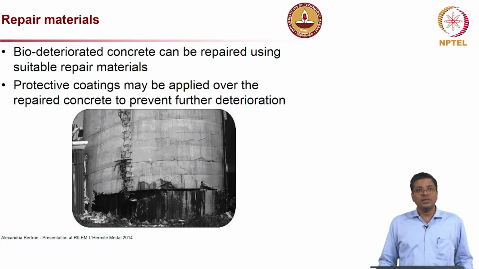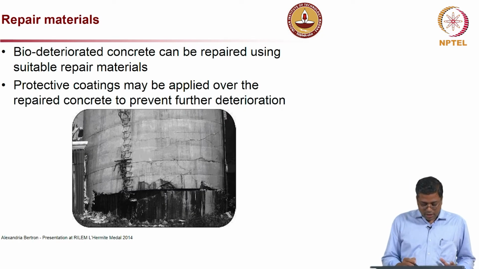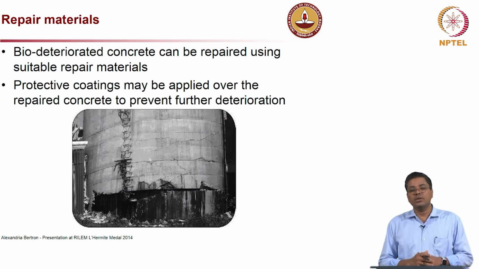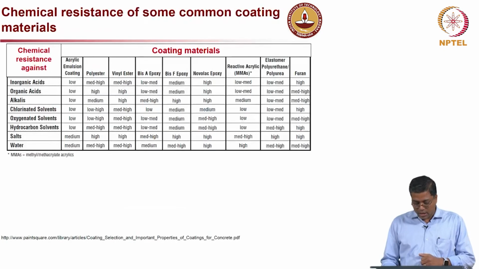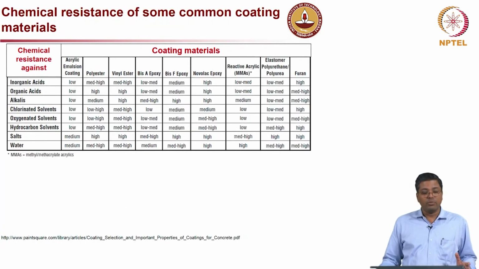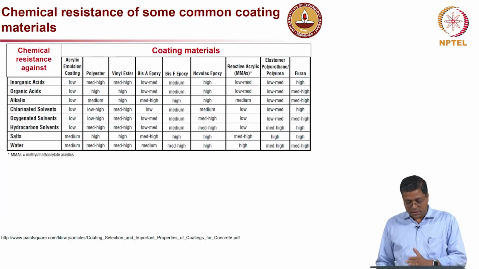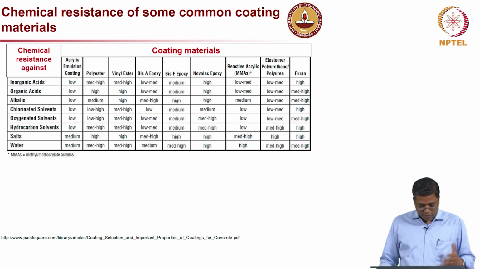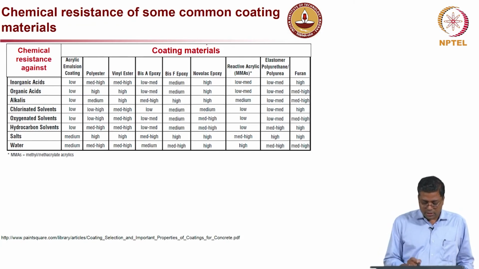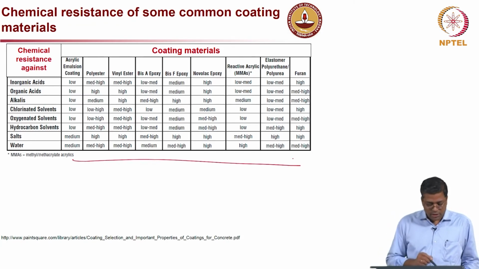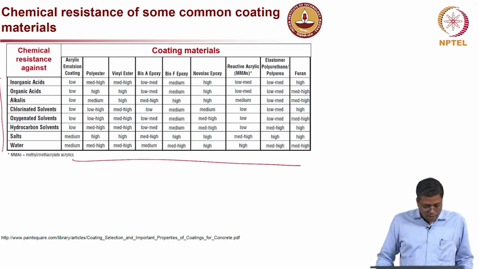And for repair materials, selection of the repair materials is very important. See here, there are different materials available. This is just a simple table which I got from the internet. You can see the resistance of these different coating materials, and the chemical resistance against what type of material.